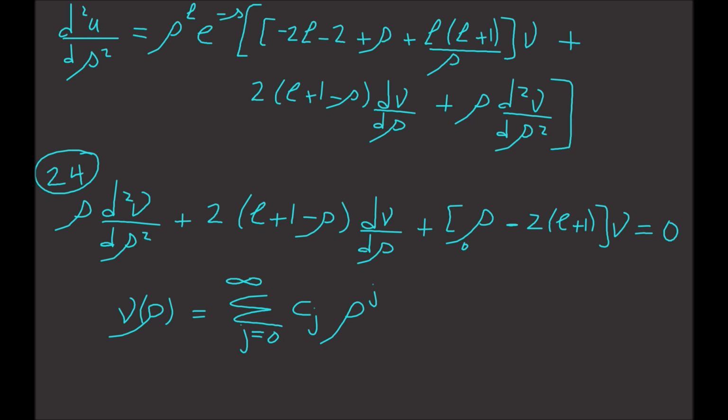Taking one rho derivative of nu, we get d nu d rho equals the sum, when j starts from 0 to infinity, of j times c sub j times rho to the j minus 1. So I'm going to rename the dummy variable j.